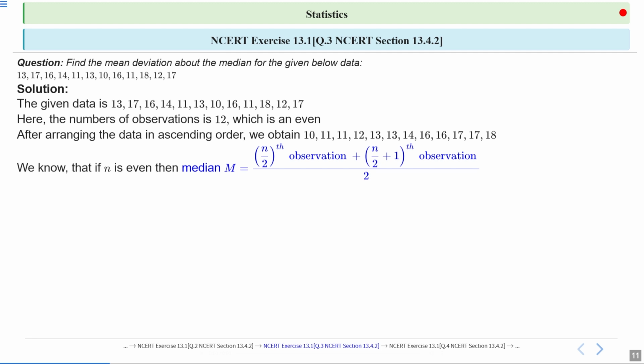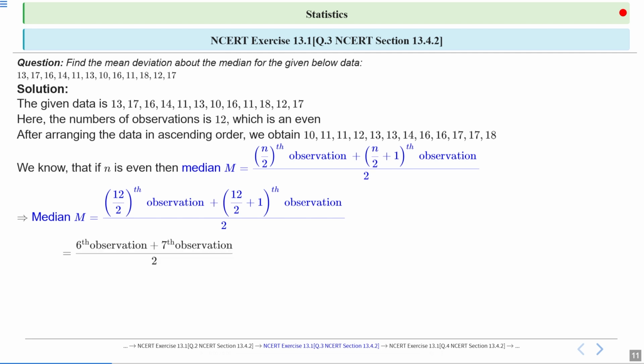Here n is the total number of data points. Now let's substitute our value of n, which is 12, into the formula. So median m is equal to 12 by 2th plus 12 by 2 plus 1th observation divided by 2.